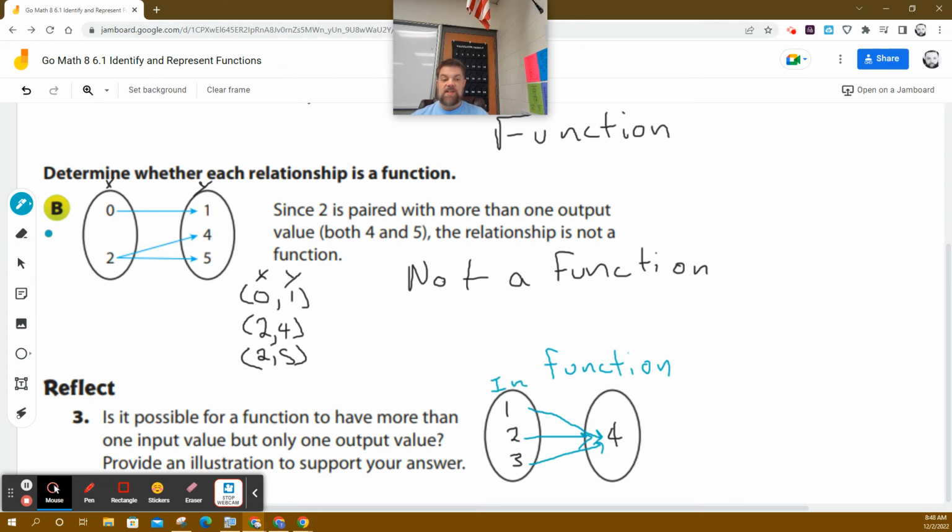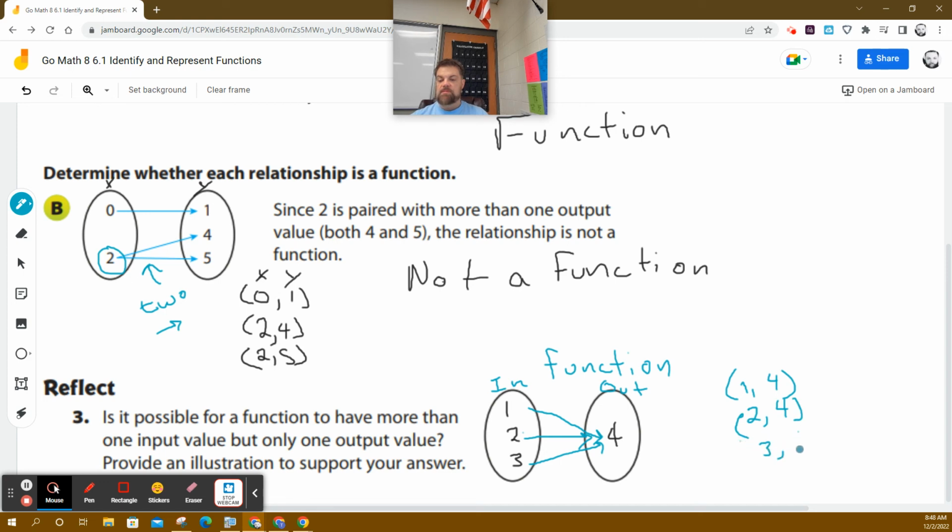There's only one arrow. See how I have 2 arrows here? Two arrows leaving the 2. Here I only have 1, 1, 1. This is my output. And if I were to write out the points, this would be (1, 4), (2, 4), and then (3, 4).